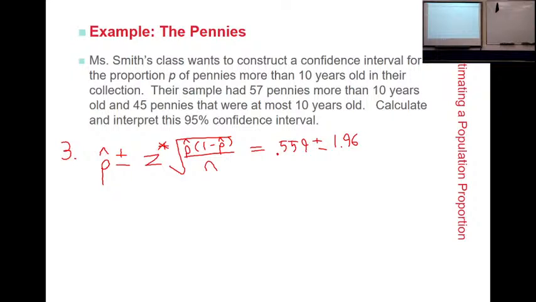If you don't remember, you can do the inverse norm and work through it that way. Times square root of 0.559 times 1 minus 0.559, all over our sample size, which is 102. So there's the formula.